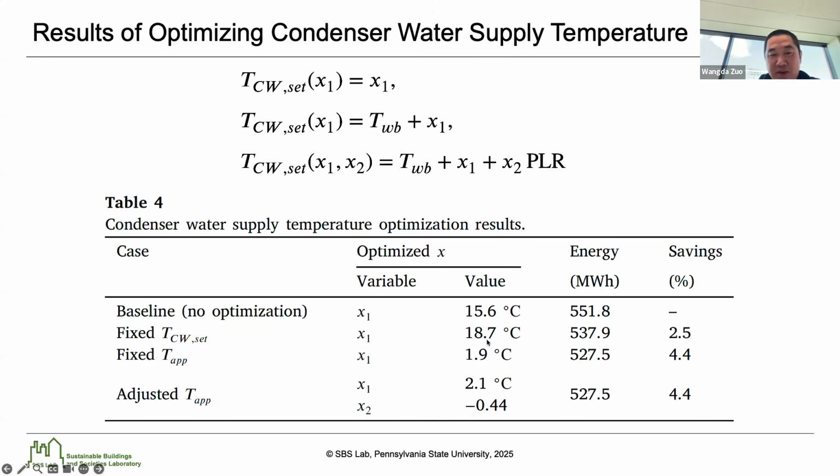Now we find it's about 18.7 for this specific plant. You can get about 2.5% of energy savings. Then if you fix approach temperature to 1.9 degrees, you get 4.4%. If you adjust the approach temperature based on two parameters, you get similar savings. So basically, it means just doing the fixed approach is enough because it's less complex, but gets the same amount of savings.